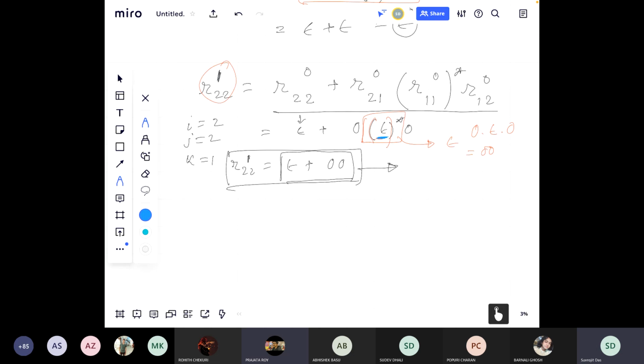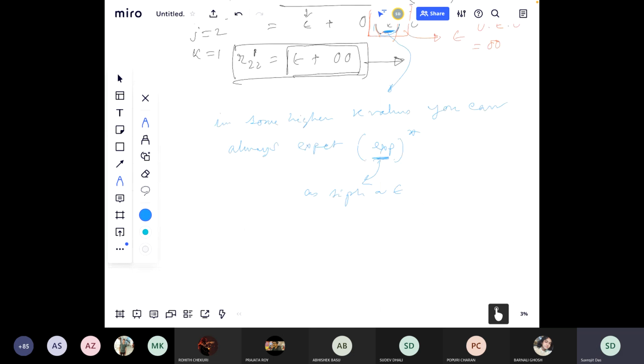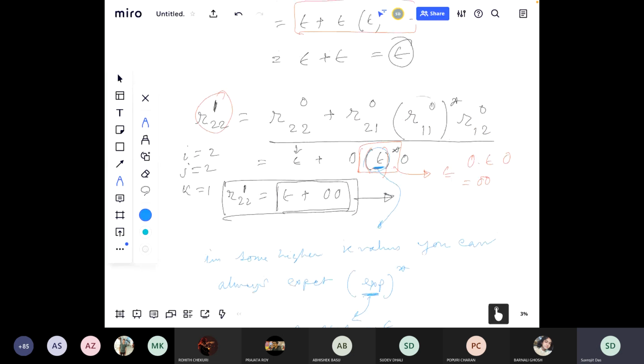So, for example, in some higher k values, you can always expect some expression star where this expression is not as simple as epsilon, rather it's an algebraic expression, right? Because this is an algebraic expression, R11. Any value of k is an algebraic expression. You are taking a star.